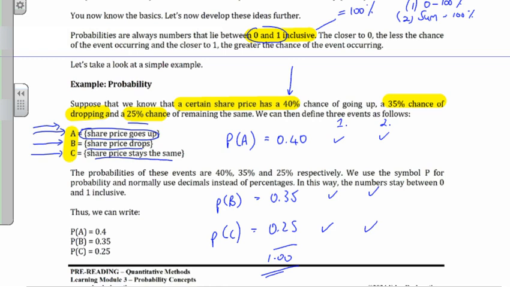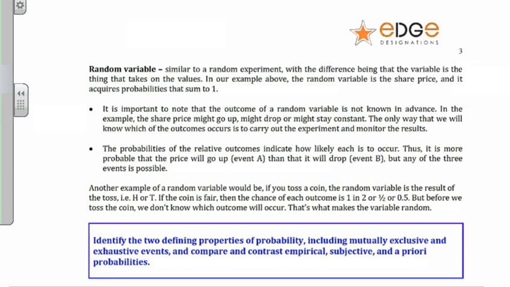Okay, we move on. We talk about a random variable. What's a random variable? Similar to a random experiment. Remember, a random experiment, it's random. We didn't know the result before we started. Here we talk about a random variable. And remember, it's a variable.